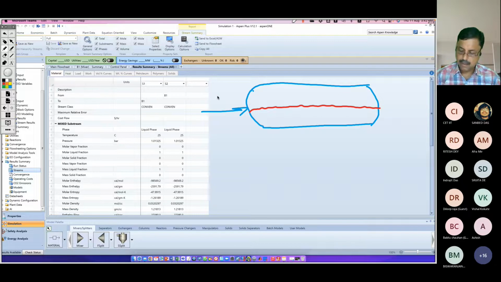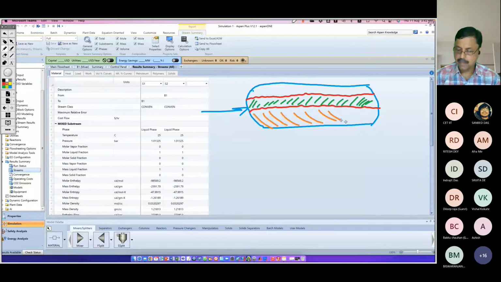And this is probably the second liquid, the lighter liquid, and this is the heavier liquid, right? So are you able to see my drawing? Anyone answer, please? Yes, sir. Okay, thank you.